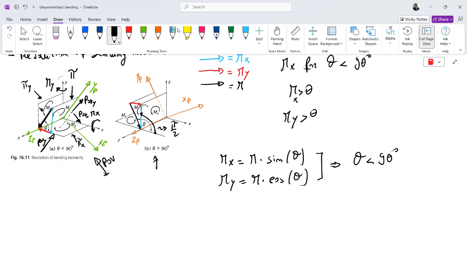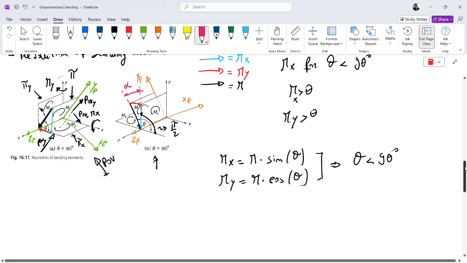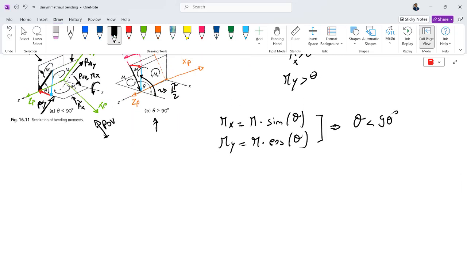And this other angle here, I make this drawing, is alpha: the inclination of the y-axis or y-plane with respect to the plane where the applied moment m is acting. In this case the total angle is theta, and theta is equal to alpha plus pi over 2.